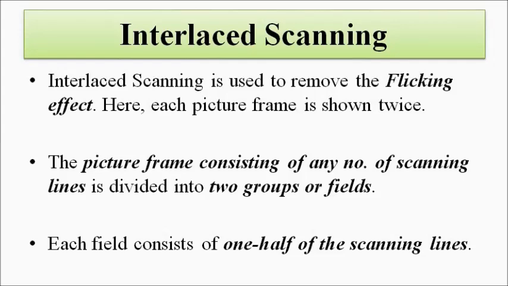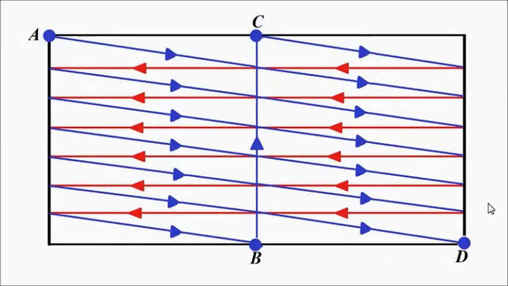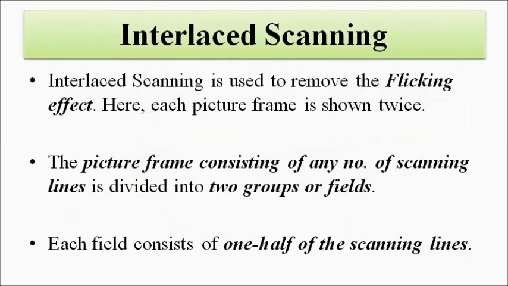Just like this, the entire picture frame is divided into two fields, and the picture frame consisting of the scanning lines is shown twice. It is repeated twice, and each field contains half of the scanning lines, the even field and the odd field. The odd field contains half of the scanning lines, and the even field consists of the other half.